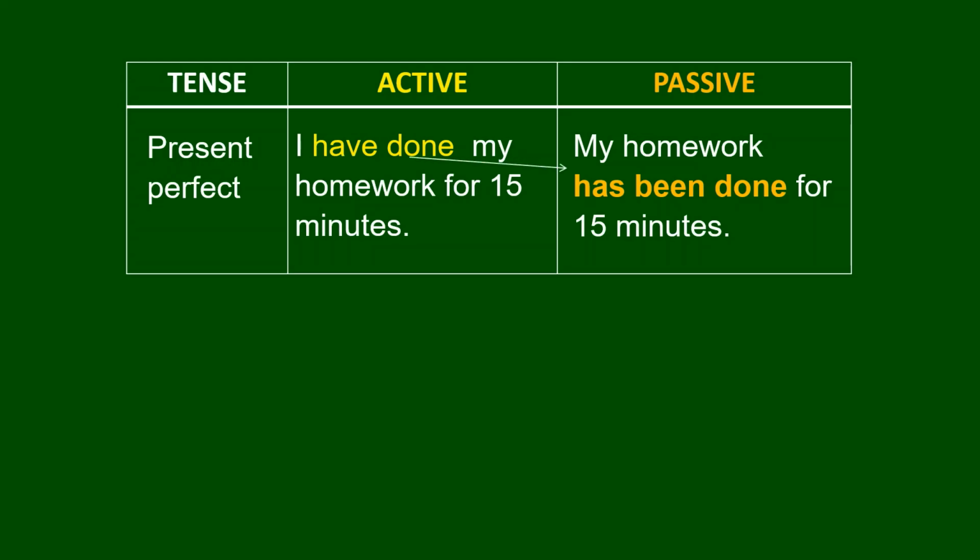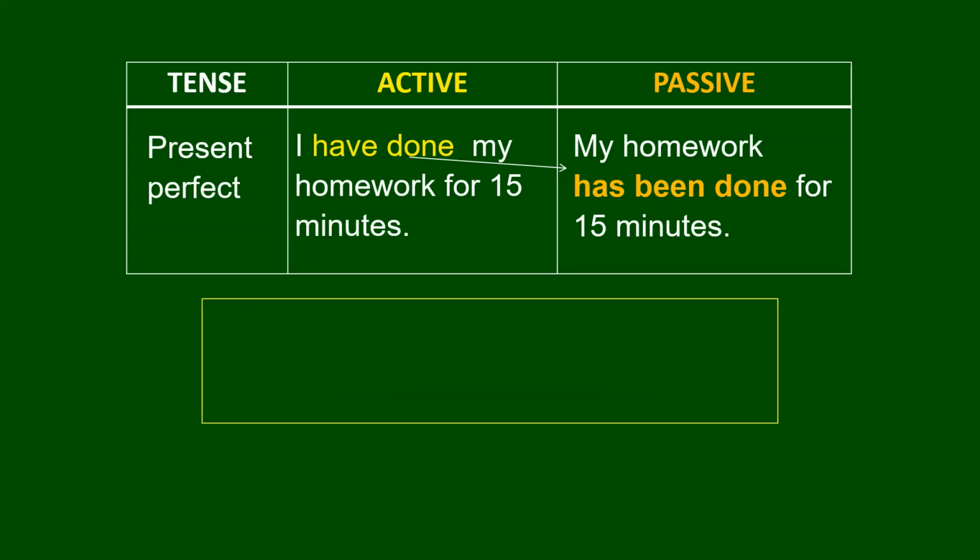Look at this "have done" here. So you have to write "has been done" for the passive form. That's why the form for passive in present perfect is like this: S + have or has + been + verb past participle + by someone.